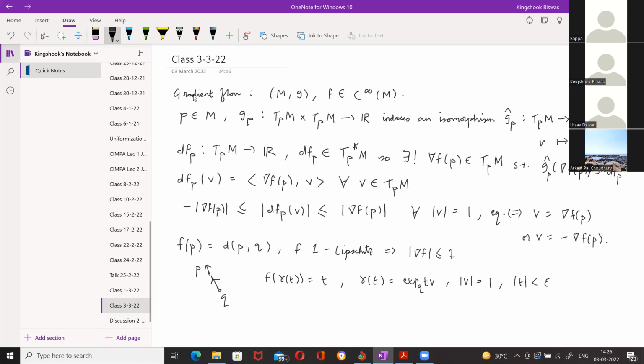That tells me that I'm increasing as fast as possible, right? Because f is 1-Lipschitz, and along this curve the distance from Q is at most t. So that tells me the gradient direction grad F of gamma t is equal to gamma prime t.